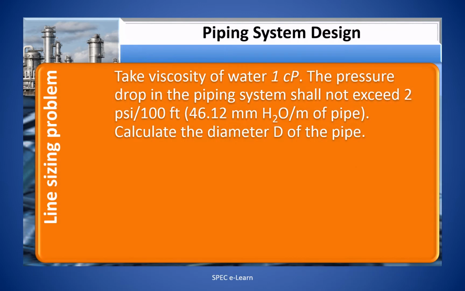Take viscosity of water as 1 cp. The pressure drop in the piping system shall not exceed 2 psi per 100 feet, that is 46.12 mm of water column per meter. Calculate the diameter D of the pipe.